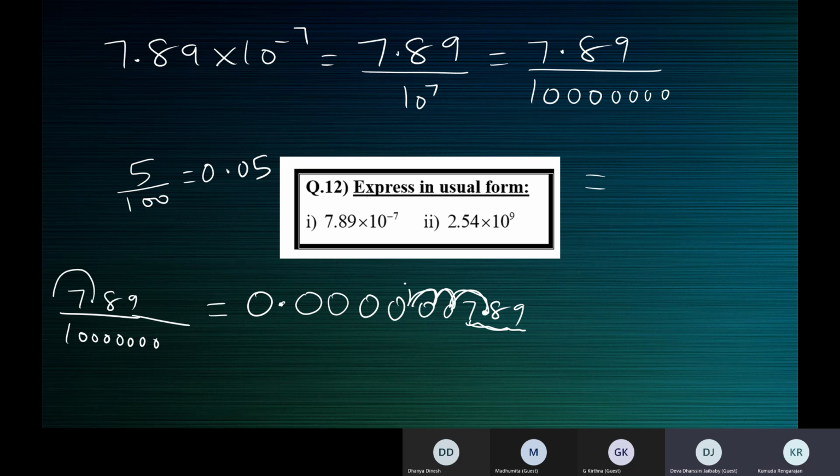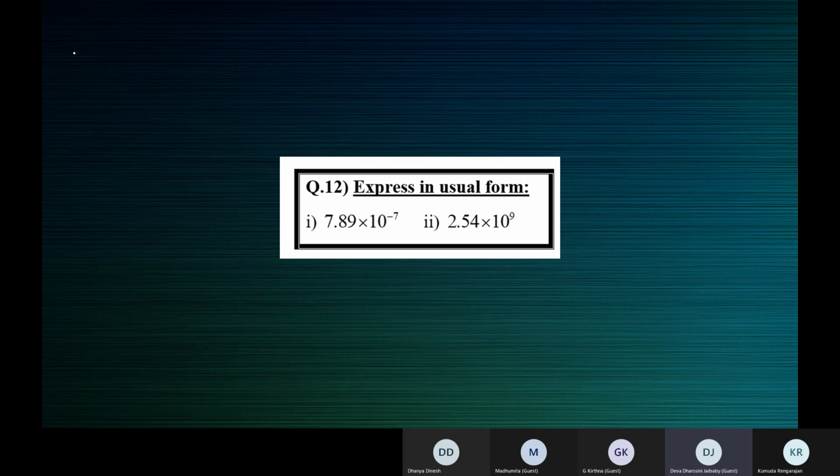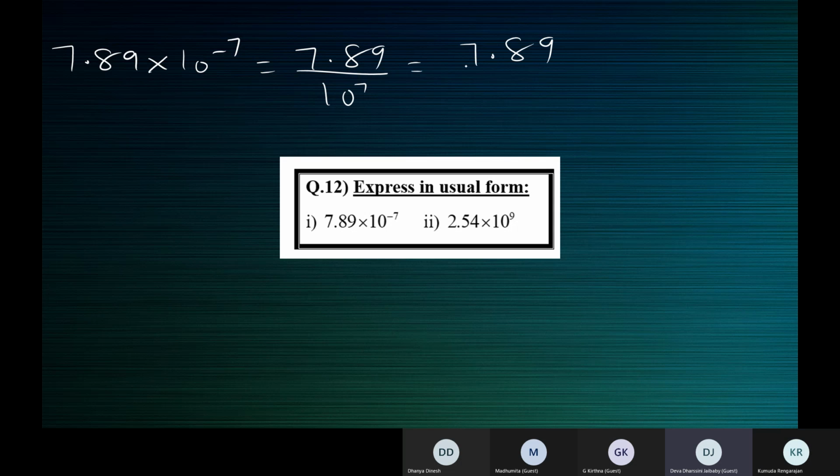1, 2, 3, 4, 5, 6, 7. It will come here. What you can do is, you know that you're going to get many zeros before 7.